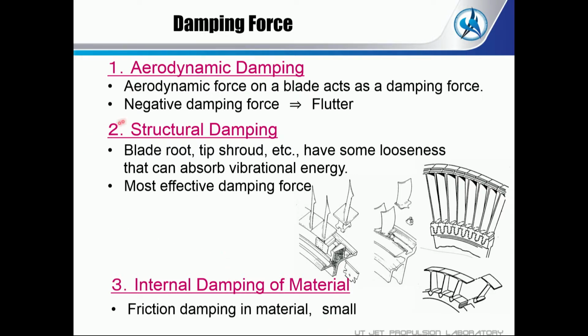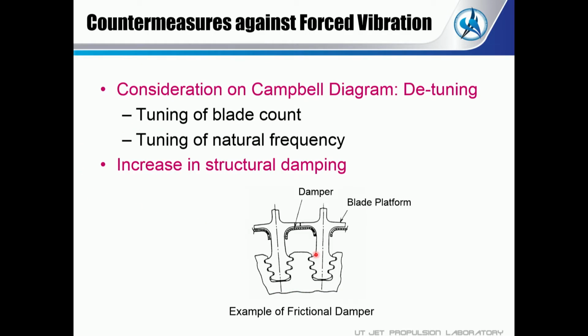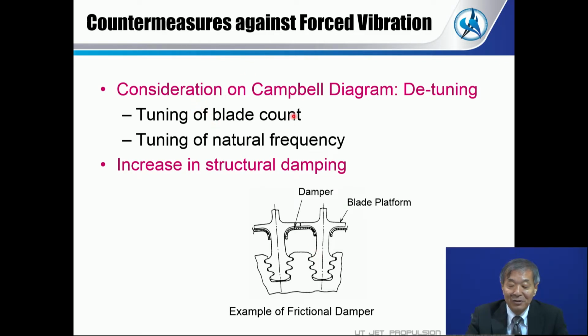So we usually use structural damping to prevent the vibration. And the countermeasure against the forced vibration is, of course, the Campbell diagram. So it's a detuning, tuning the blade count or tuning the natural frequency. This is detuning, or an increase in the structural damping.